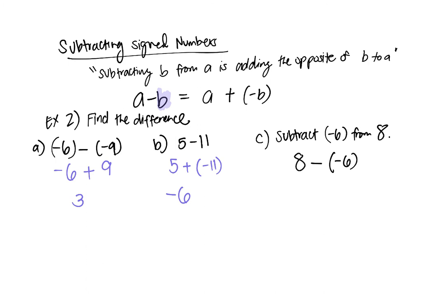From 8, so 8 should be in the front. Very important how you write this down. From here, we'll just solve it using the same thing. Change this minus to a plus. 8 plus, change that 6 to a positive. And of course, 8 plus 6 is equal to 14.